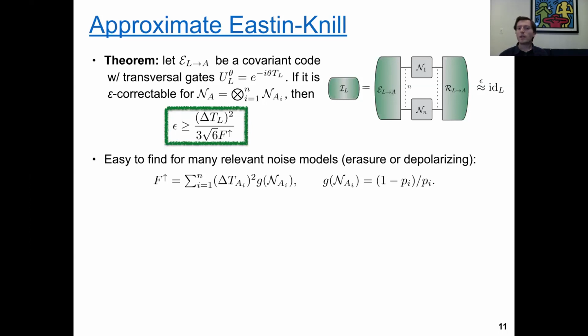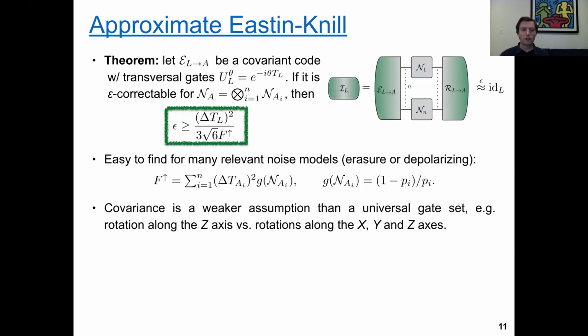In case of the erasure or depolarizing noise of strength p, it's going to be a quite simple function. So what is important is basically that f up scales linearly with the number of subsystems we have.